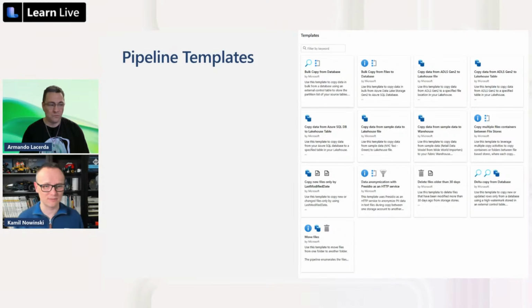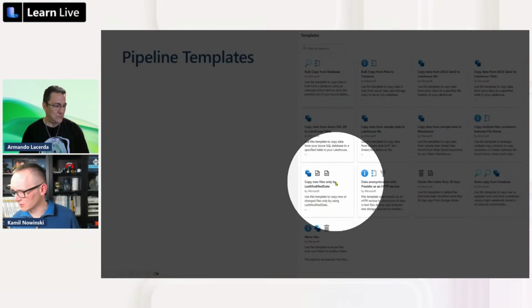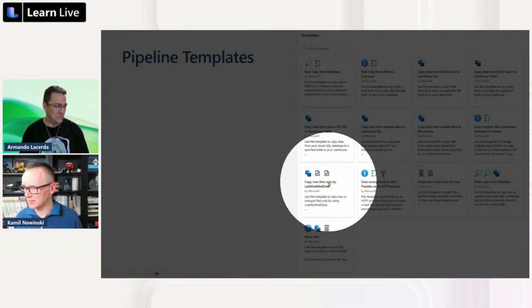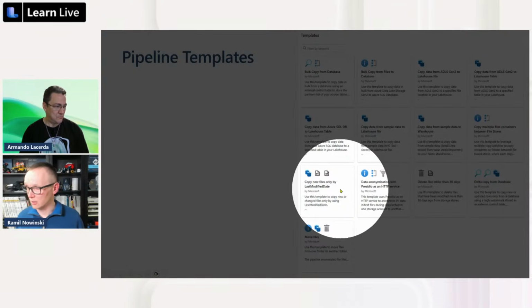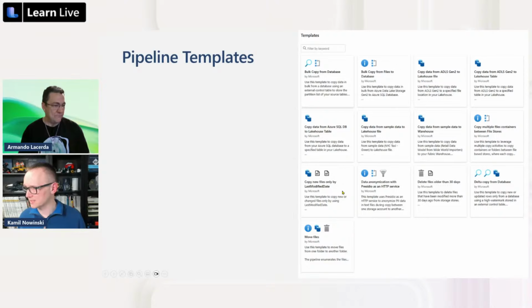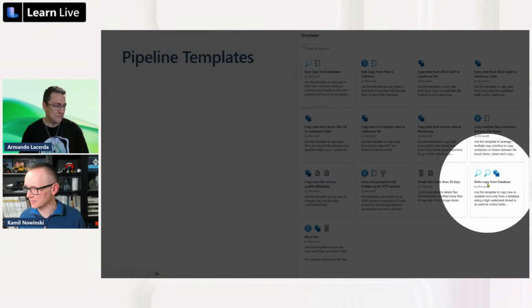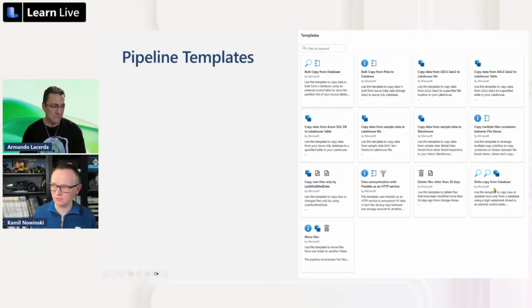As I mentioned, for example, copy new files only based on last modified date, or the incremental load, like delta copy from database, using some watermark. Those kinds of activities: you can choose one of those templates, and voila, very quickly you can adapt it to your needs.